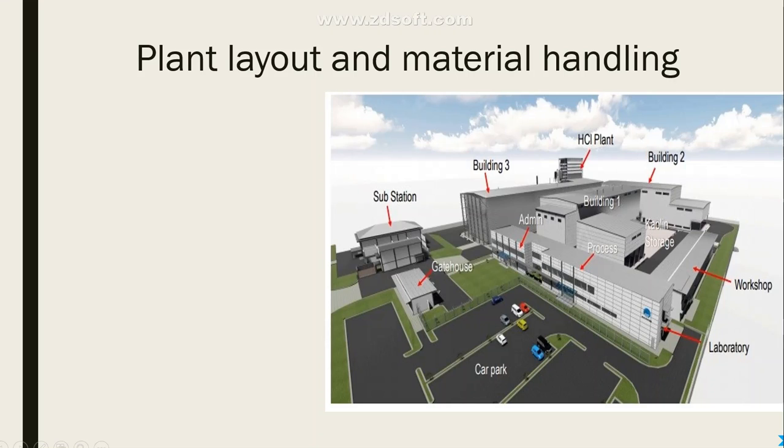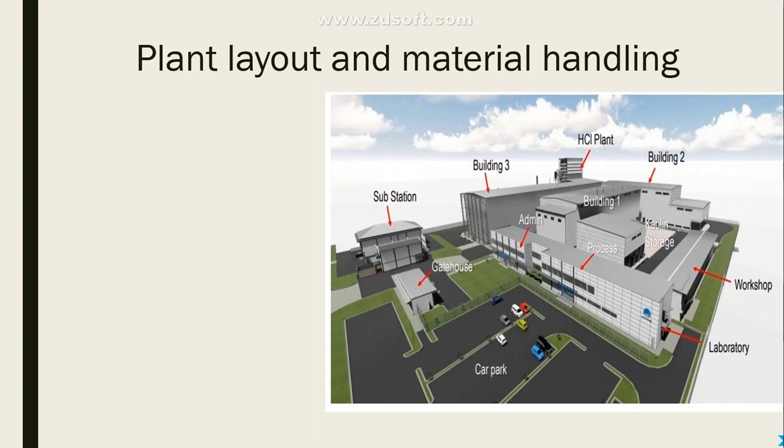So what is plant layout? See, this is a picture which explains what plant layout is all about. It's a blueprint of your plant, where you're going to locate which section. Please observe the picture. You have a section for the admin department, a section for processing of your product, and a storage area, and you have differentiated where each system has to be.